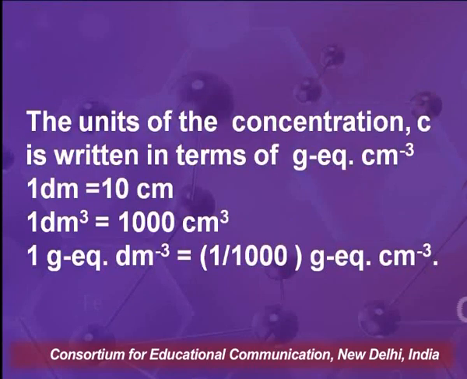The units of the concentration C is written in terms of gram equivalent centimeter cube. So, when we convert decimeter cube to centimeter cube, we need to divide by the factor of 1000. 1 gram equivalent decimeter cube will be equal to 1 by 1000 gram equivalent centimeter cube.